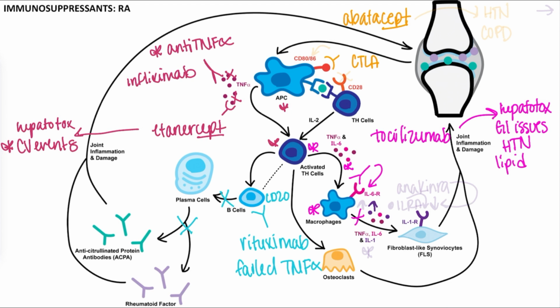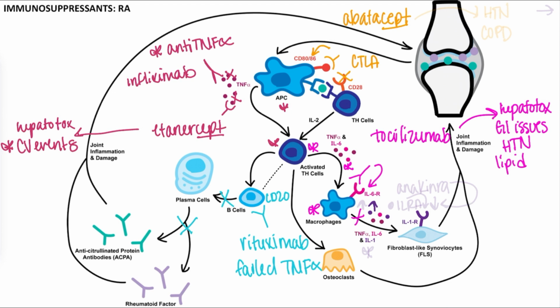And this is linked to an IgG Fc region. And how this fusion protein works is by binding CD80 and 86 receptors on our antigen presenting cells and preventing their binding to CD28 on the T cell. So we prevent that optimal T cell activation and we dampen that T cell mediated response in RA.